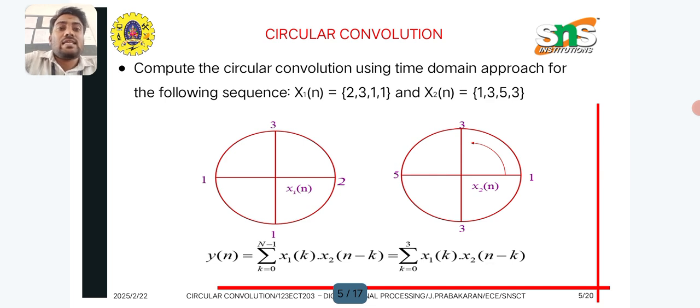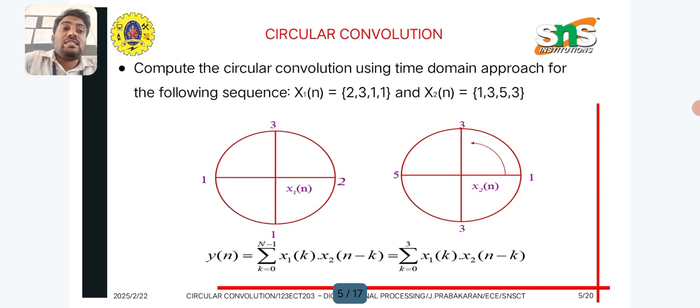Counterclockwise means anti-clockwise direction. Draw the outer circle and map all the sample points in anti-clockwise direction with equal spacing. This is the first step of the concentric circle method.